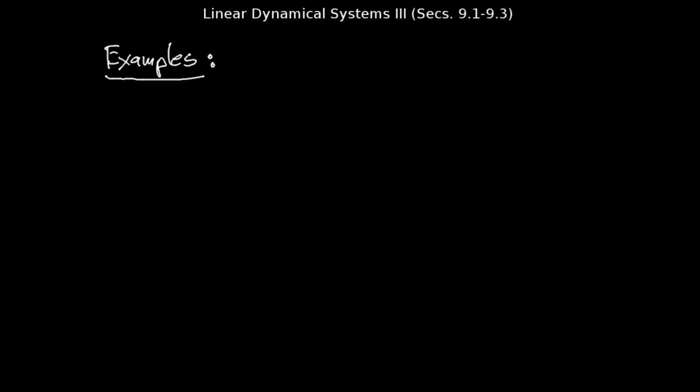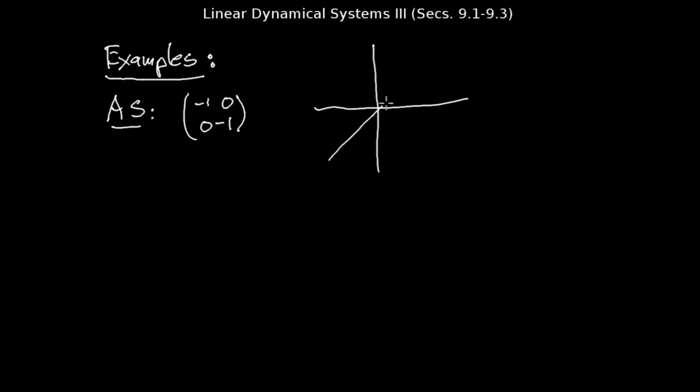Well, let me do these two sort of defining examples. Let's do asymptotically stable first. The key example of this is this very elementary one where you just have -1 on the diagonal. We talked about this in class. The trajectories all look like straight lines, or rays, where all of the arrows are pointing in towards the origin.